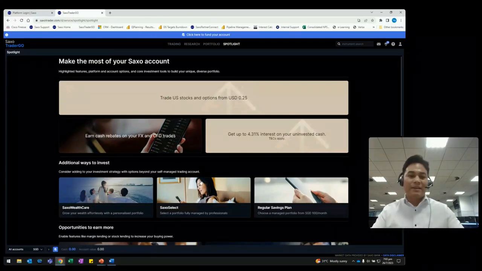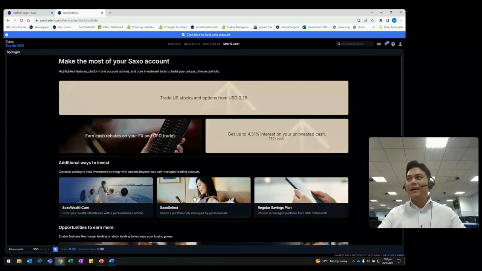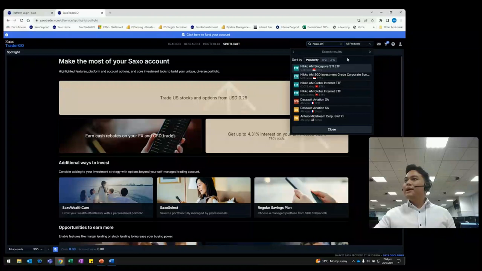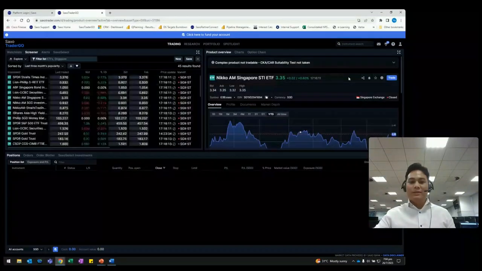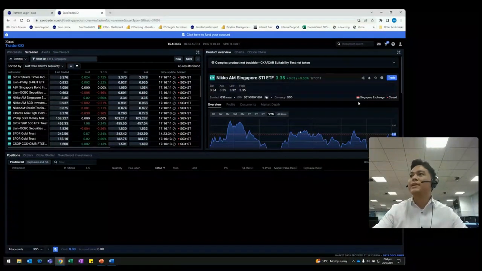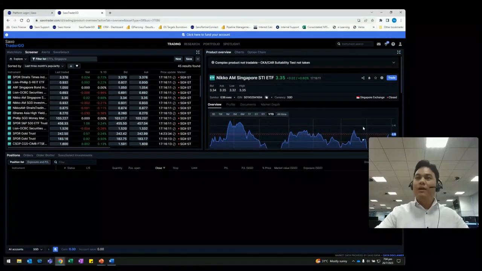Say for example, you have an instrument in mind by name, then you may use the instrument search at the top right. For example, if you're looking at Nikko AM ETF, you can simply click on the result, and it will bring you to the product overview page where you'll be able to view this instrument in full detail.